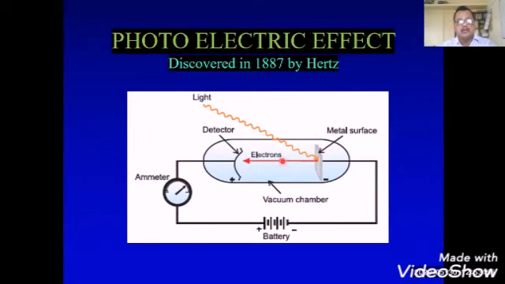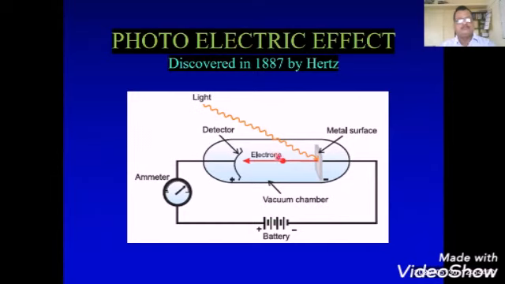They found that the kinetic energy of the ejected photoelectrons, that is half m v square, where v represents the velocity of the photoelectrons ejected from the metal surface, should have depended upon the intensity of light, but this was not the case. In fact, the kinetic energy of the ejected photoelectron solely depends upon the wavelength of the incident light.